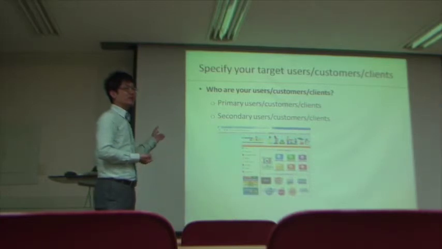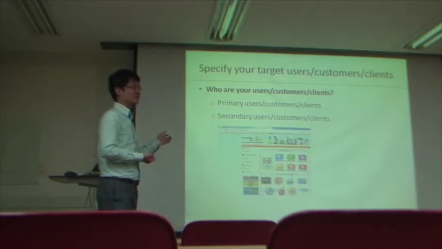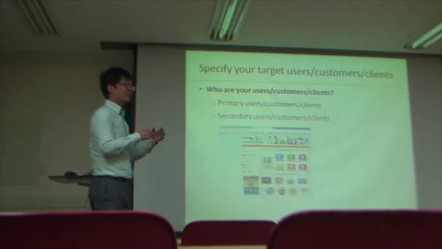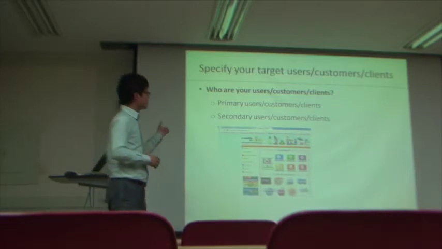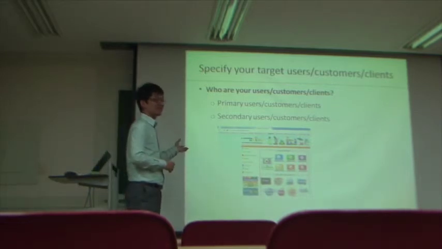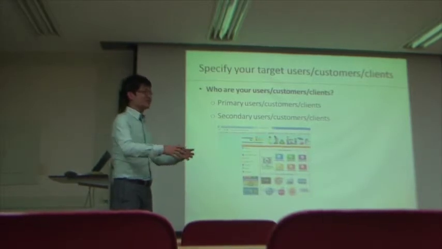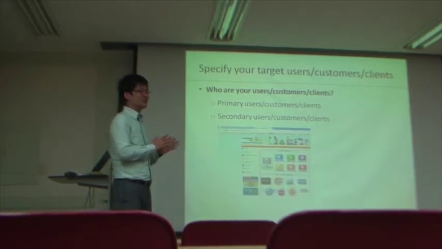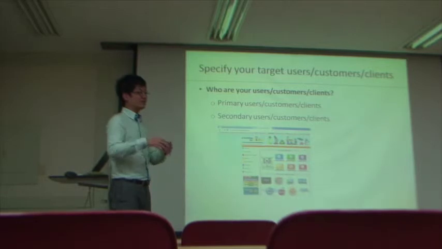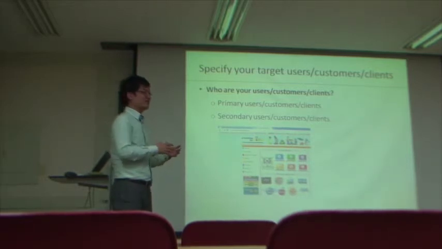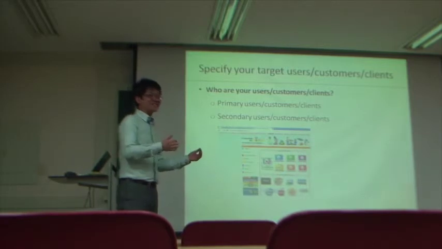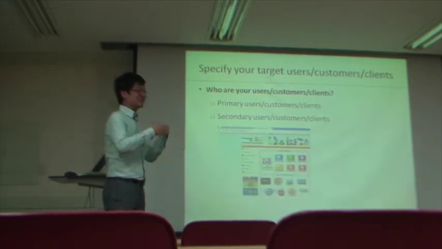If you are designing an electronic learning system, a learning tool, then maybe the parents are secondary users, right? And your primary users or clients are the kids. So you not only need to fulfill the needs of the kids, but you have to think about the parents behind the kids, who have a lot of expectations about the content.